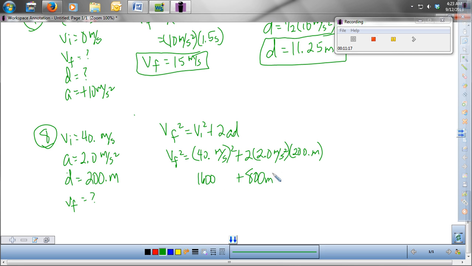And this should have been meter squared per second squared. So VF squared is 2400. Now I need to take the square root of 2400.